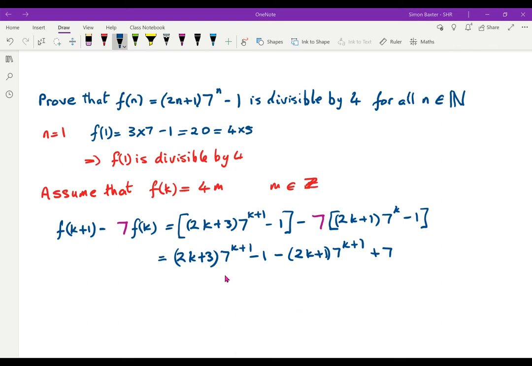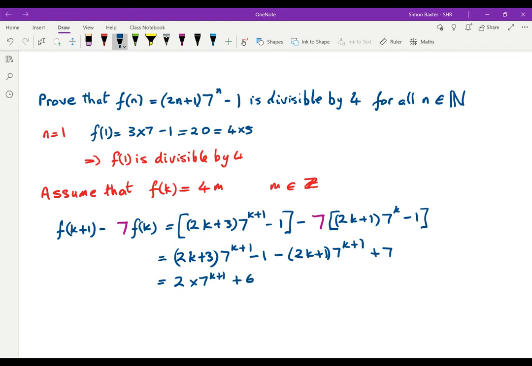Now, if we look at it, we've got 2k plus 3 of these, 2k plus 1 of the same things. Take one from the other, I'm left with 2 times 7 to the k plus 1. And the rest of it is minus 1 plus 7, which is plus 6.